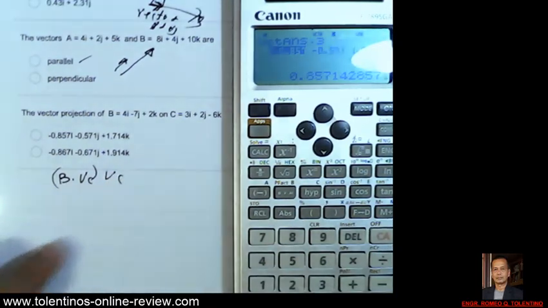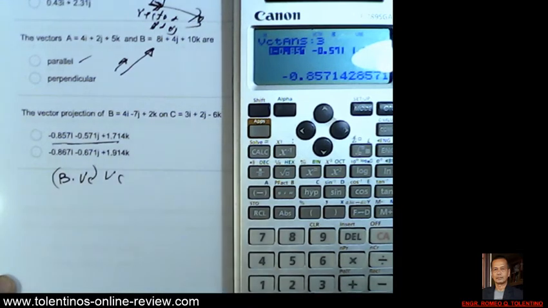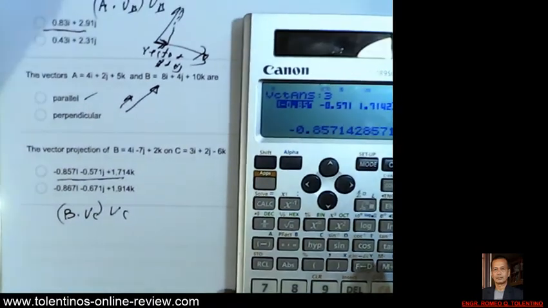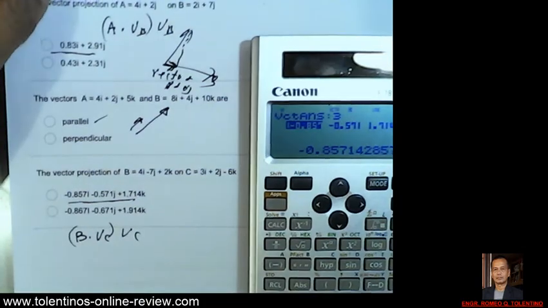There. So we have this one to 1.7. So that's it for vector projection. Okay, next will be cross product.